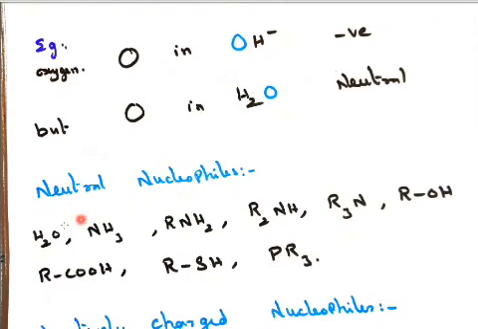Neutral nucleophile examples: H2O, NH3, or NH2R, R2NH, primary amine, secondary amine, tertiary amine R3N, alcohol ROH, acid RCOOH, thioalcohol RSH, and this is phosphine, trialkyl phosphine.